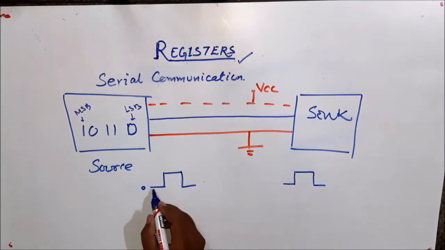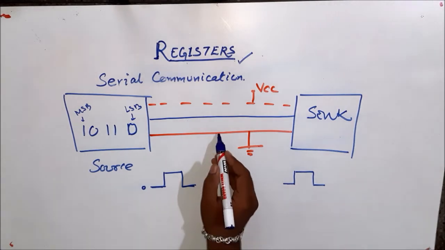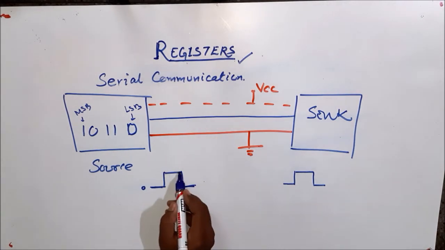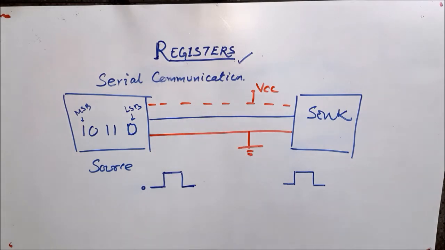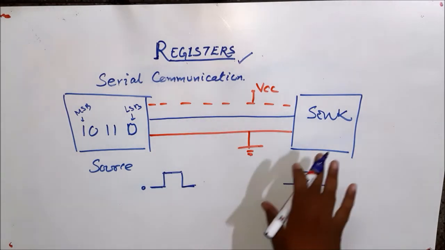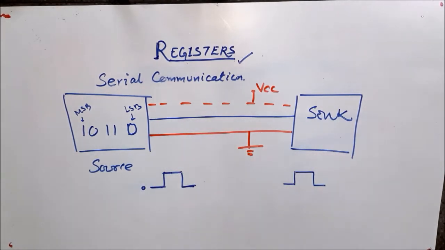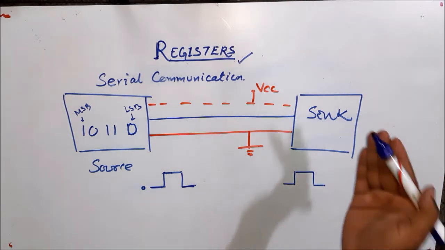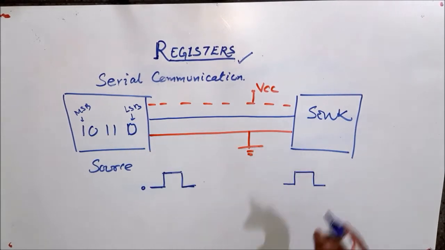Because these lines are connected to the ground and this place is connected to the high voltage supply. That is why this source and sink have a good handshake, so the sink can understand what the source is sending.